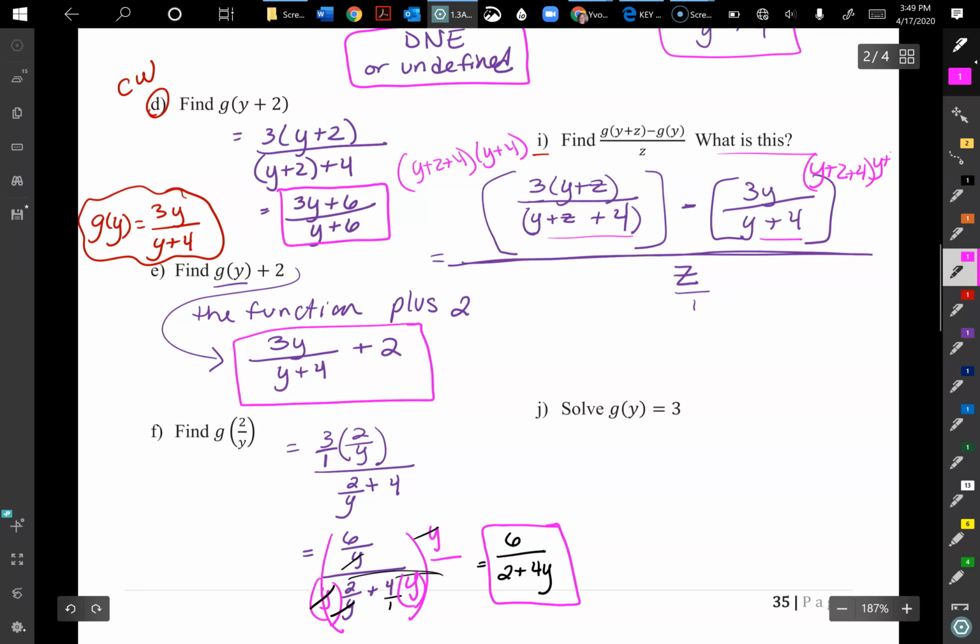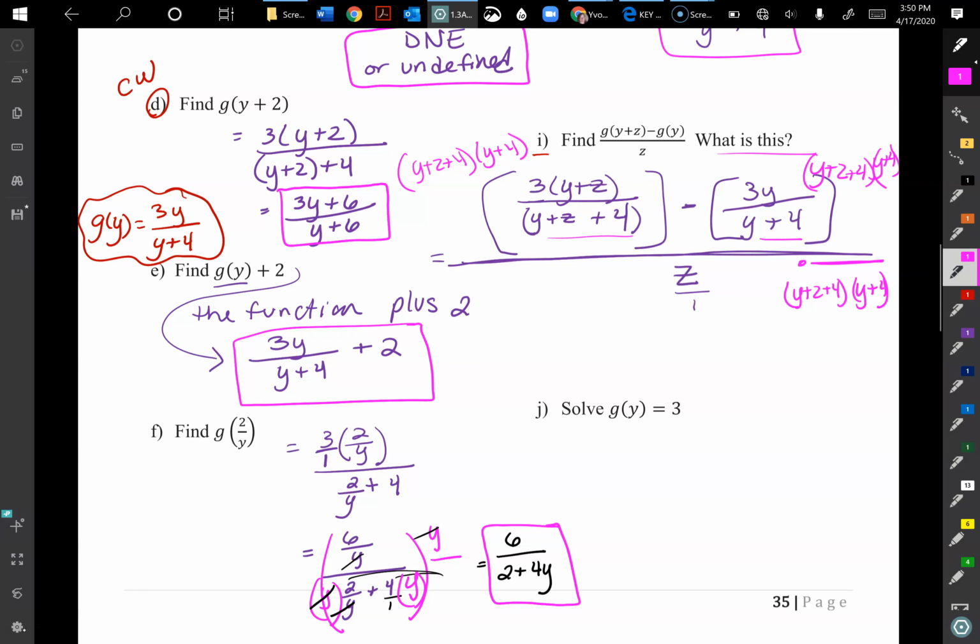And then we have y plus 4. And then we also have to multiply the bottom because we have to balance. It's like multiplying by 1. Y plus z plus 4 over y plus 4. So we've really multiplied by 1, and then we distributed in the top. You should be pretty familiar with how to simplify complex rationals from the beginning stuff that we did in prior courses, but let me know if you have more questions on that.